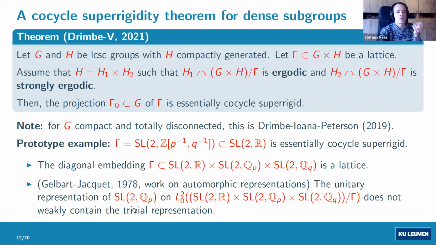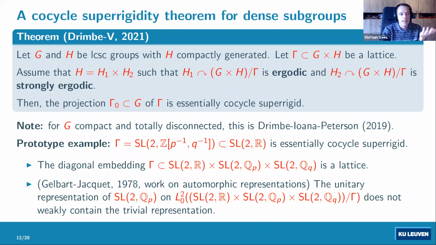Now, that's something that has been extremely well studied. For this specific case with SL2, it goes all the way back to Gelbart and Jacquet in work on automorphic representations, because this is what they would call automorphic representations, of course, those that are contained in this L2 space.